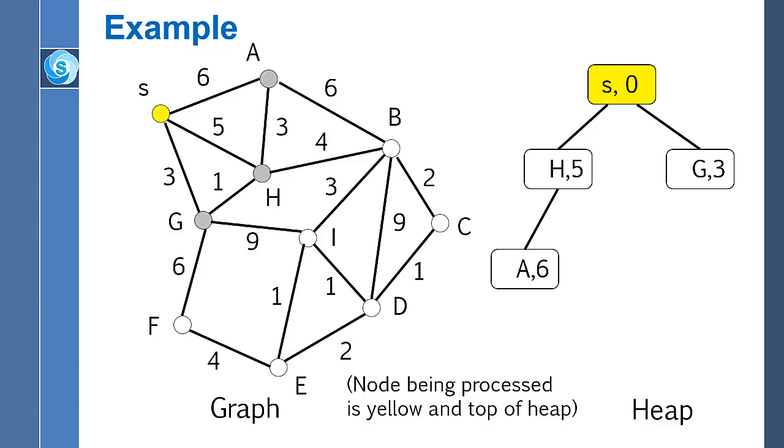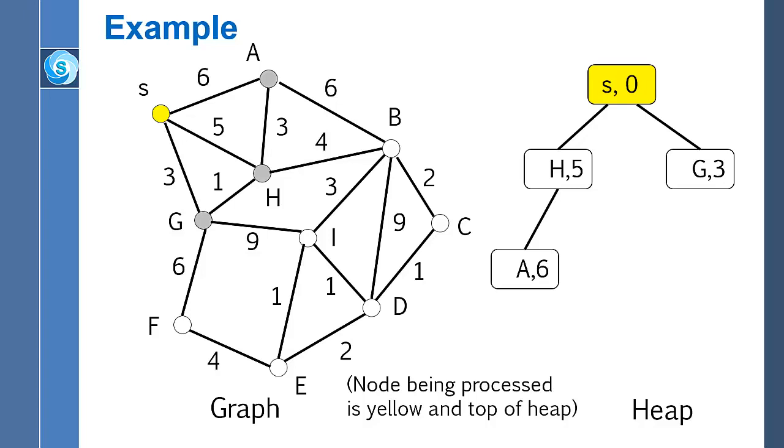And 5 is less than infinity. H.D is currently infinity. Yeah? 5 is less than H.D. Since 5 is less than infinity, it's time to change H.D. H.D now becomes 5. All right? And H.pi becomes S.